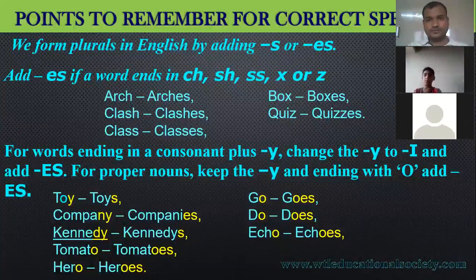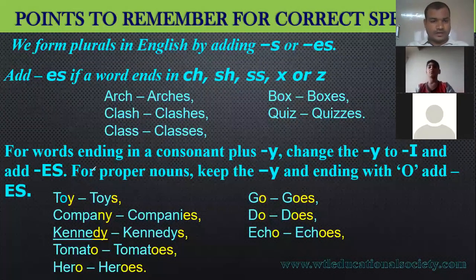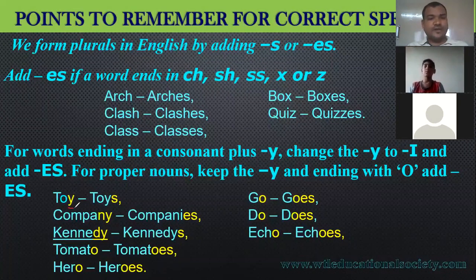Now, just look at the examples. In the first example, the word ending is Y, but before the letter Y there is a vowel letter. So we have to keep the letter Y the same.